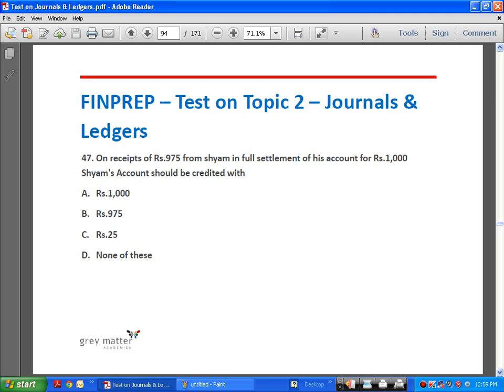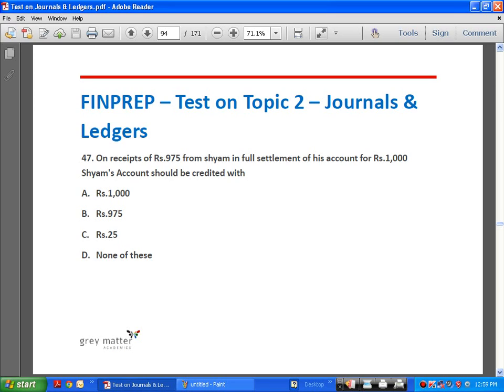Before this receipt was made, Shyam's account showed a receivable of 1,000 rupees. On settlement, he has been given a discount of 25 rupees, and hence Shyam has paid only 975 rupees. But the business cannot go back to Shyam and say that 25 rupees is due from you, because this 975 was collected from Shyam in full settlement of his account.